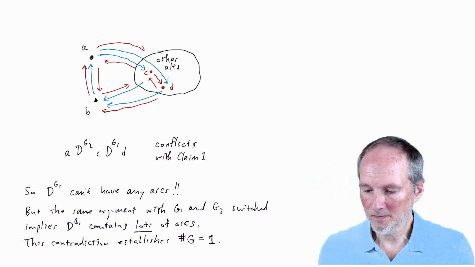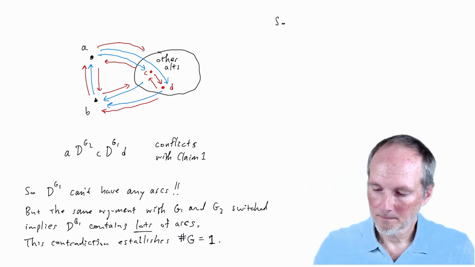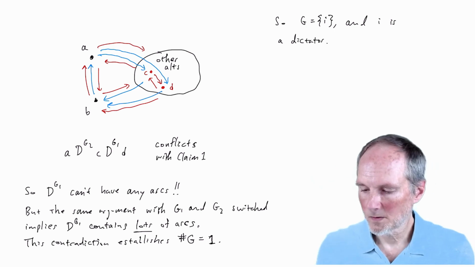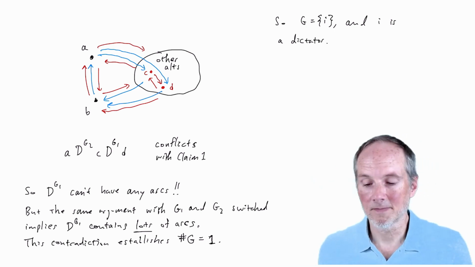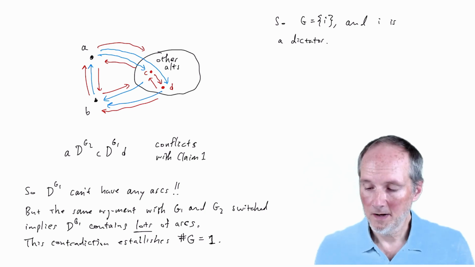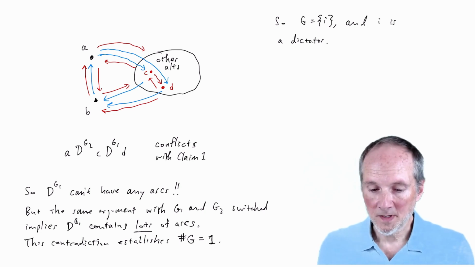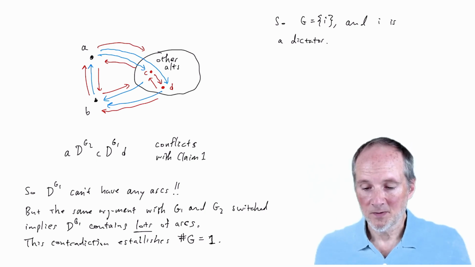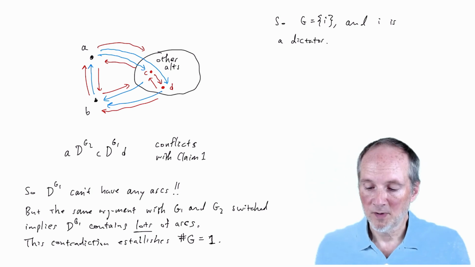That individual is a dictator. That's one version of the proof of Arrow's theorem. There's lots of different proofs out there. This one, to my mind, is fairly simple because we only have to construct 2 preference profiles.